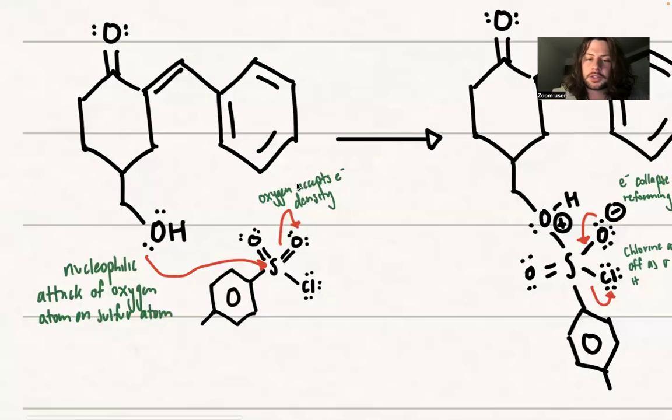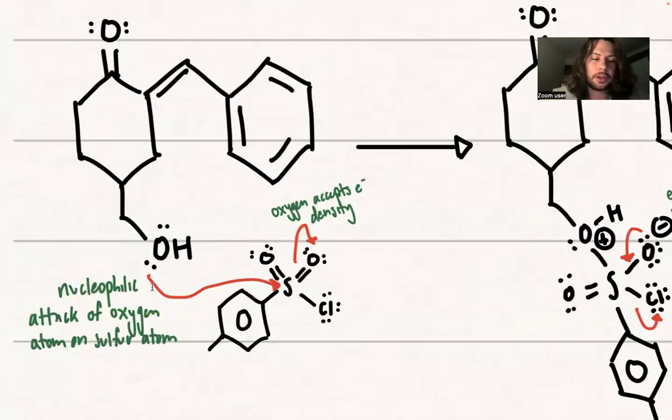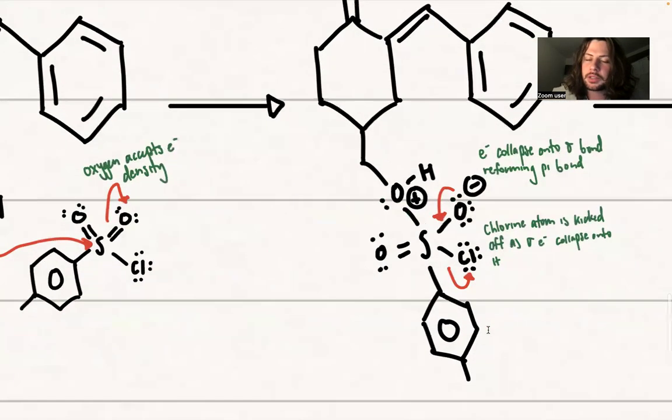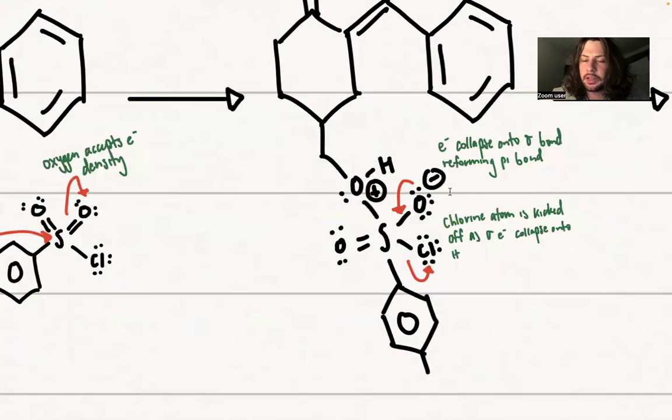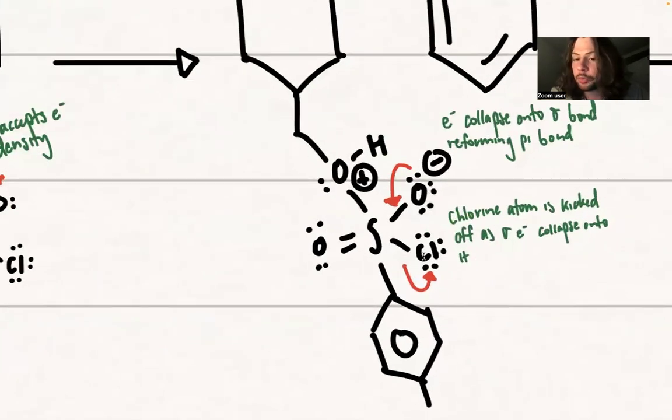So oxygen is accepting electron density right there, which is going to create this intermediate in which we have a negative formal charge on the oxygen atom right there and a positive formal charge on the original oxygen atom of that alcohol functional group. So what's going to happen at this point is the electrons that were displaced onto that oxygen atom are going to collapse, forming that pi bond again, which is then going to kick off the chlorine leaving group.